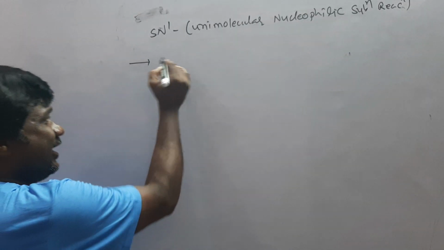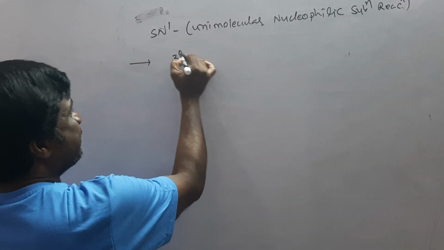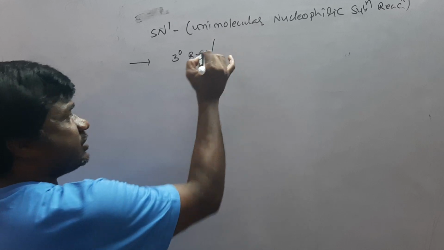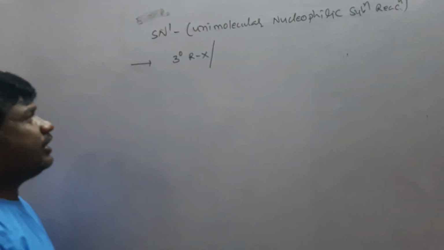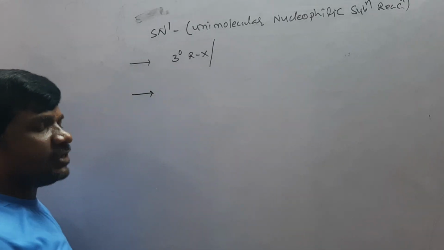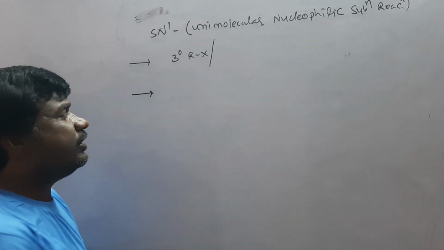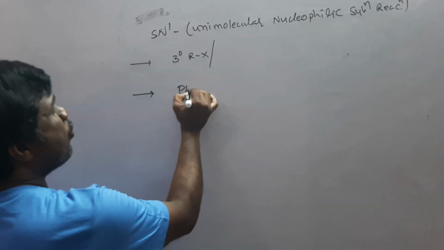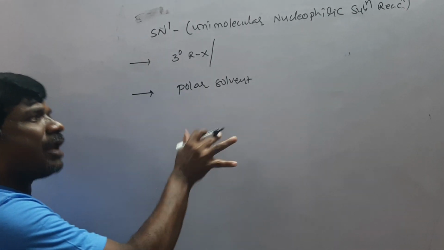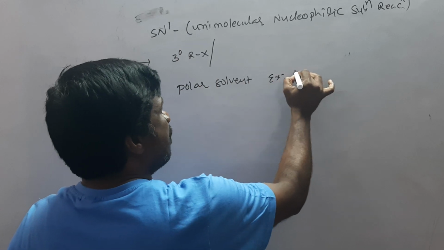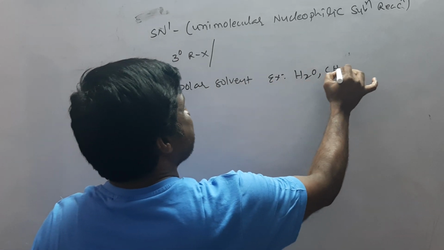The first point: only tertiary alkyl halides participate in this reaction. The second point: this reaction goes forward only in polar solvents, or polar protic solvents. Examples are water and acetic acid.